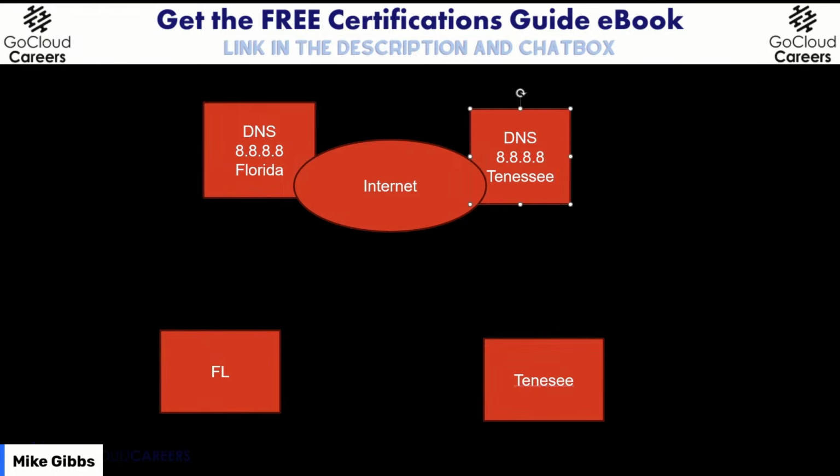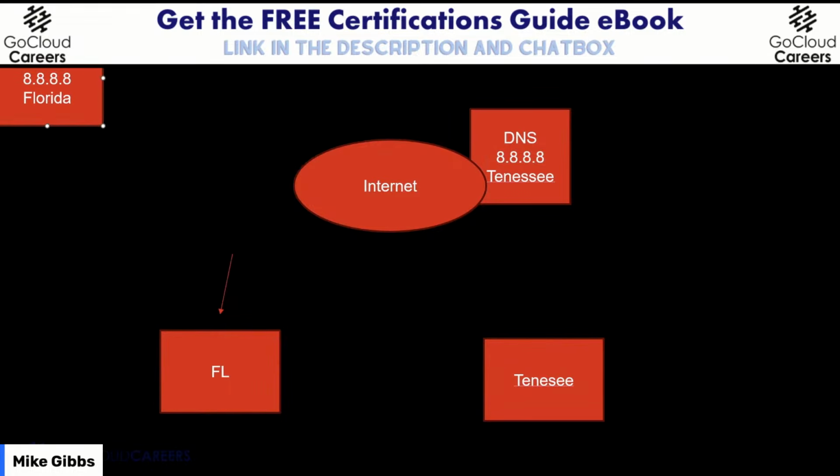The reason Anycast provides high availability is this. I want to go to the internet, and I want to know who has the IP address of www.gocloudcareers.com. So I enter that in my browser. My PC does a lookup, and it says, go to 8.8.8.8, Mike. So I go to 8.8.8.8, and I get a response. Now, this is why it's so cool. If this DNS server were to go away and die because the server crashed, guess what will happen next?